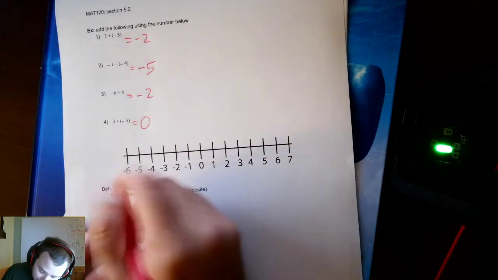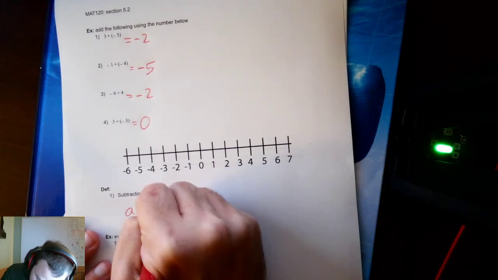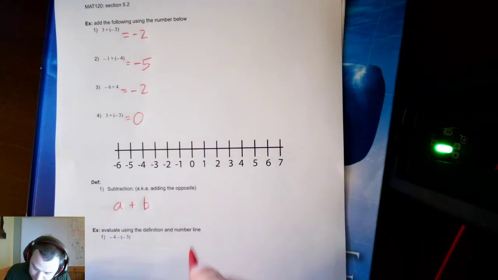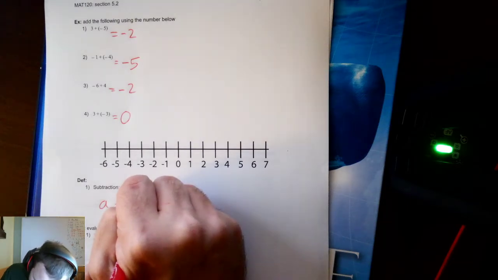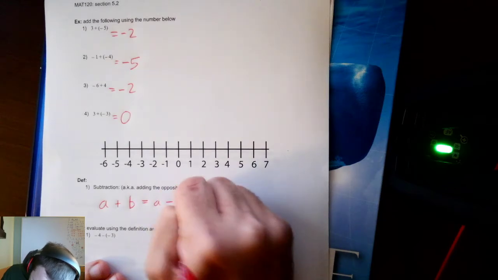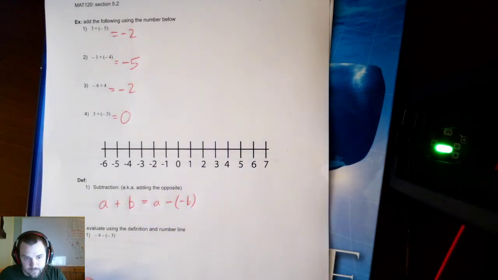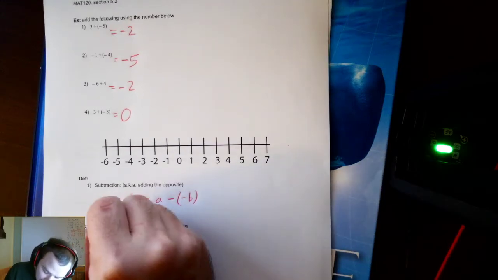If I have A plus B, that can be written the same as A minus negative B. Notice the subtraction had opposite signs.